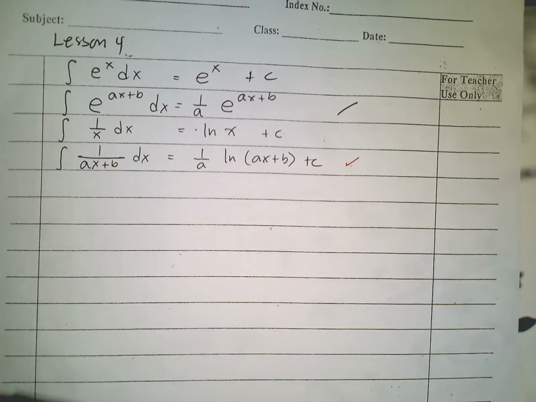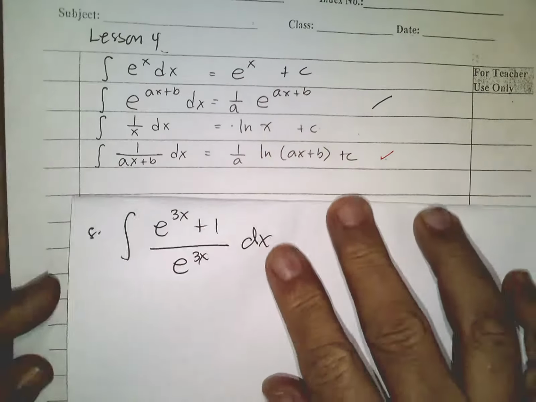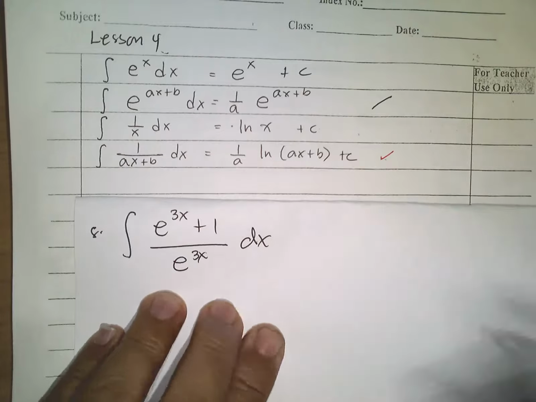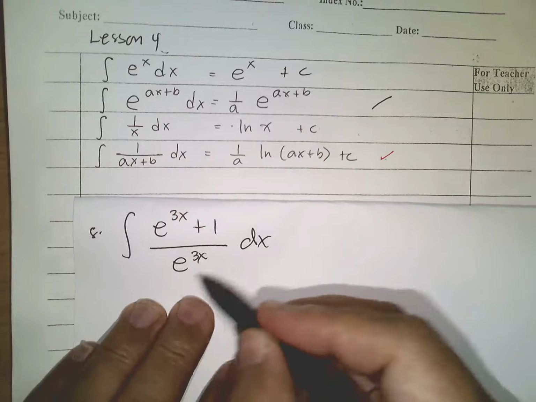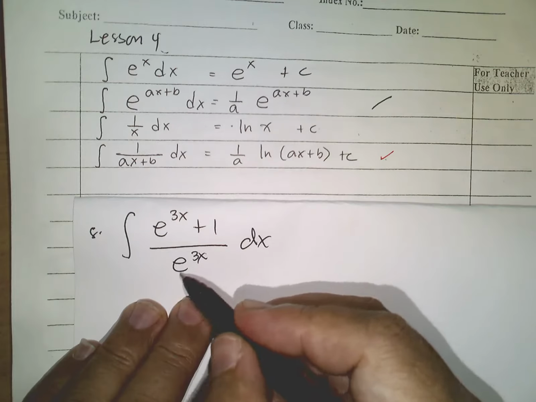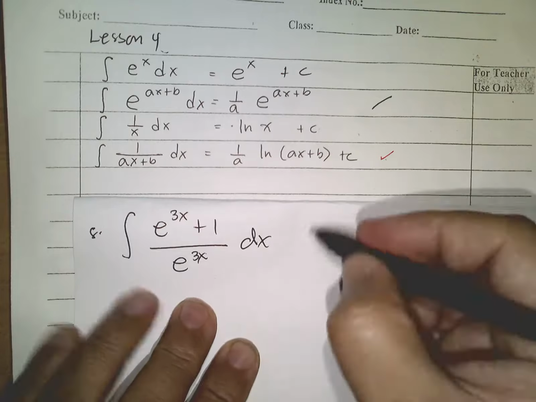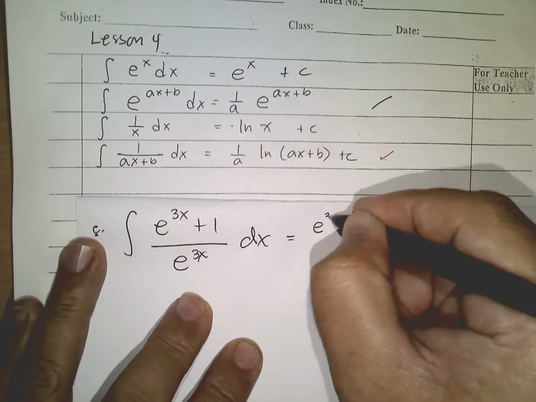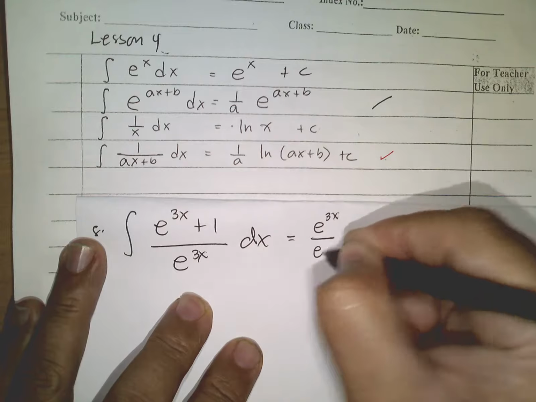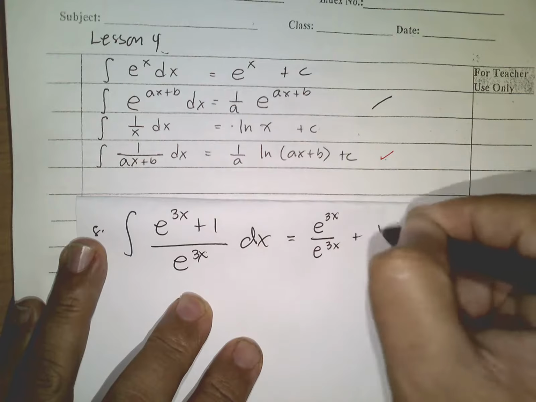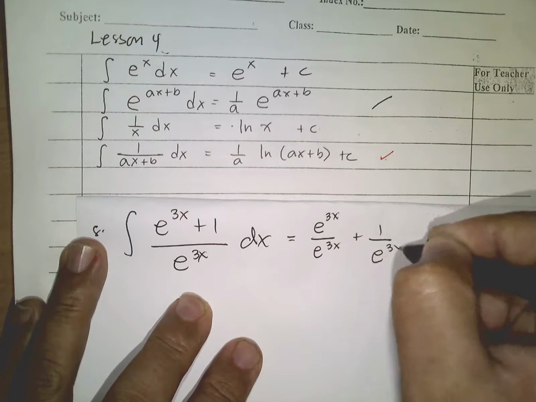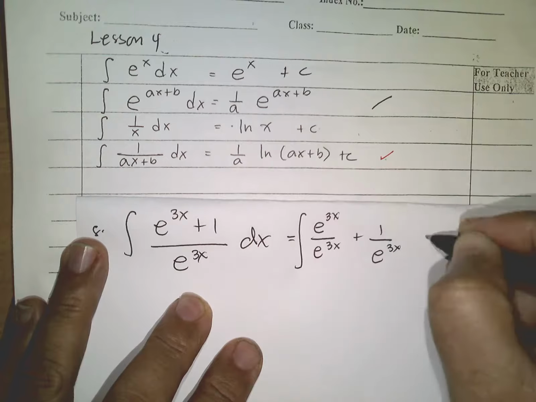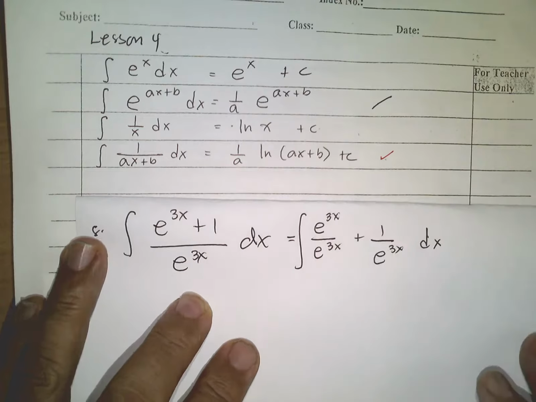So suppose we have this question, e raised to the 3x plus 1. Again, if there is only one term at the bottom, you actually need to divide each term by the bottom term, plus 1 over e raised to the 3x, and you have there the integral with respect to your x.